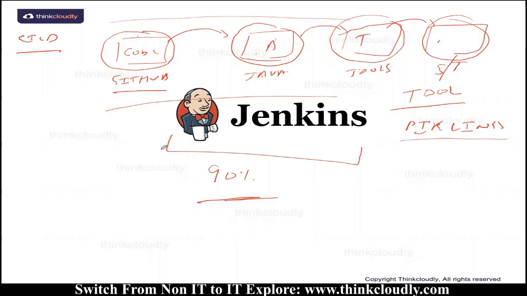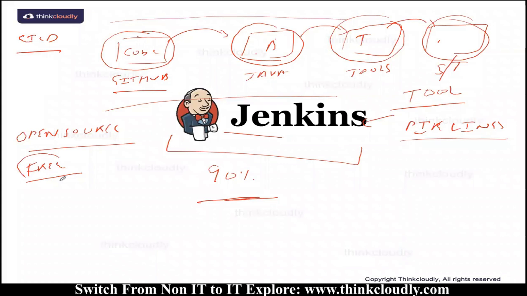The reason is that Jenkins is open source, which means Jenkins is free to use, and you have the code available for the Jenkins tool also. If you want to make changes inside Jenkins, you can do it.